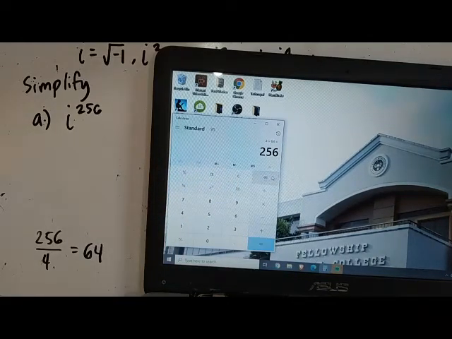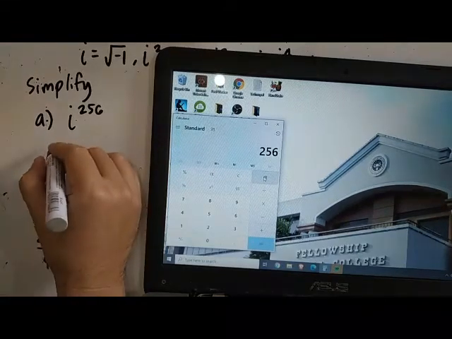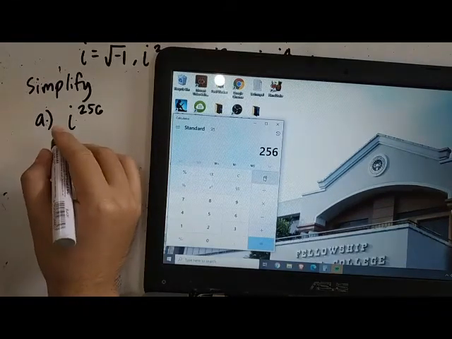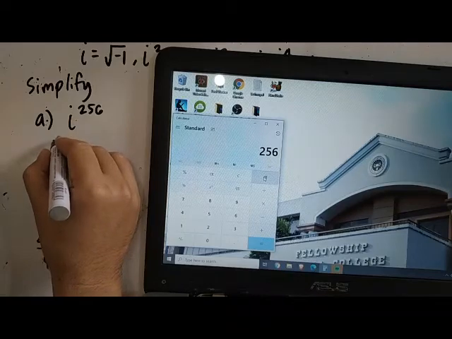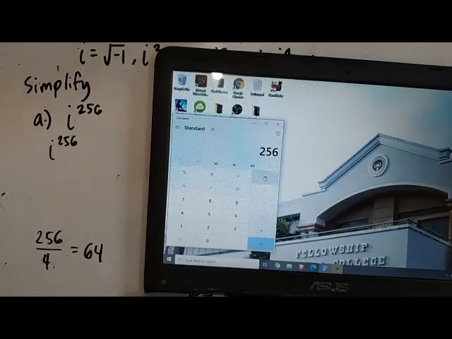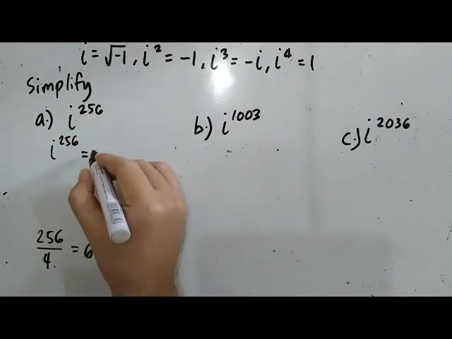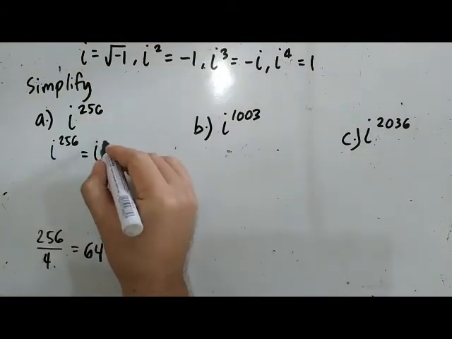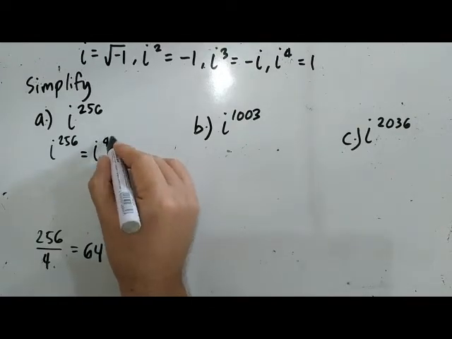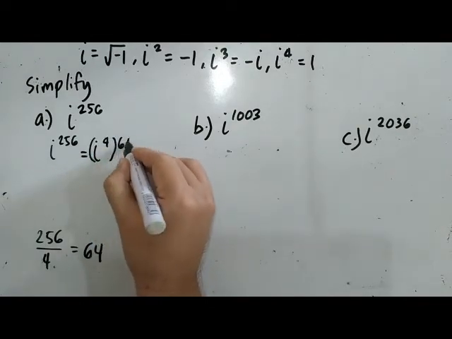So meaning pwede ta ni siya gamit diretso substitute. So I to the 256 is simply equal to I to the power of 4 times 64.